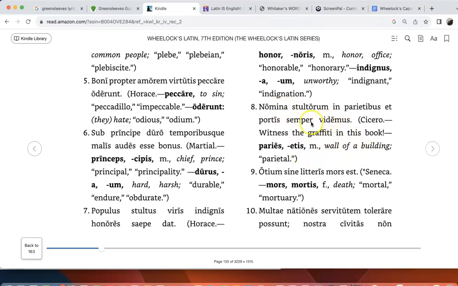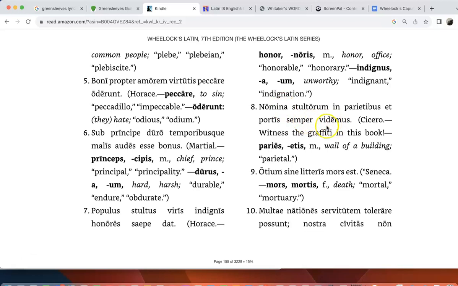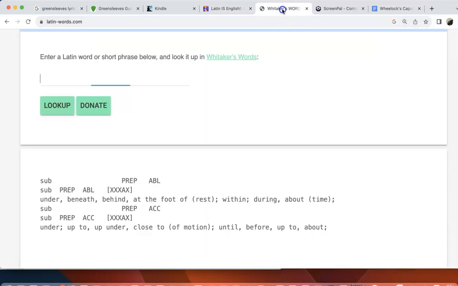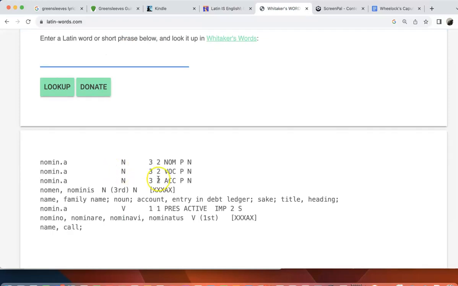So how do we explain that? We often see, so vidimus semper, and then see what? The names of stupid people. So nomina is a neuter noun. If we look this up on Whitaker's Words, you can see that it is third declension.